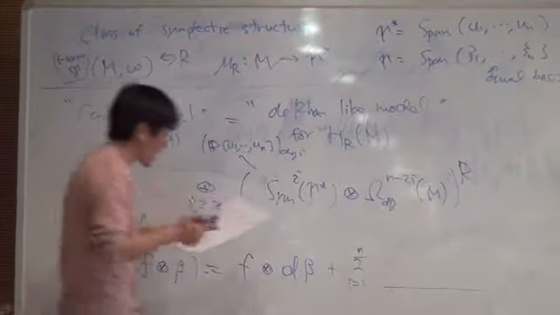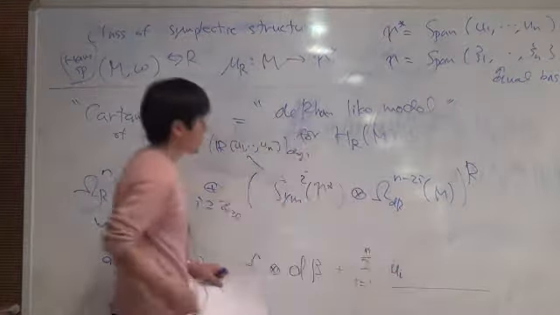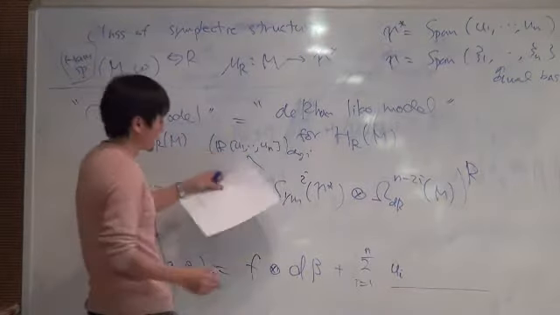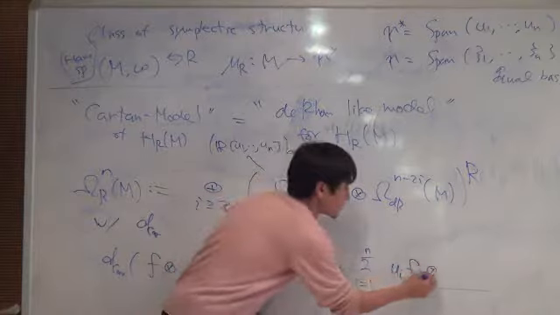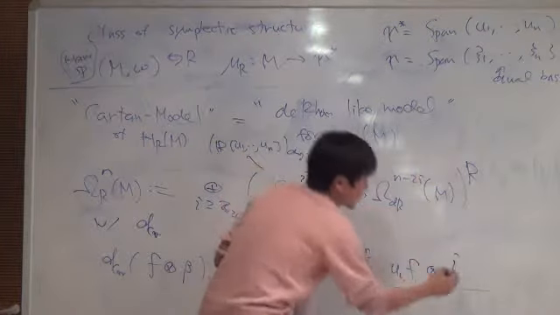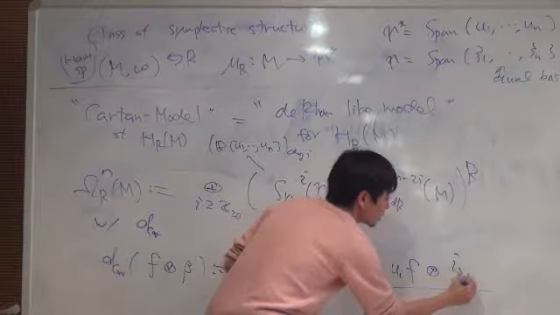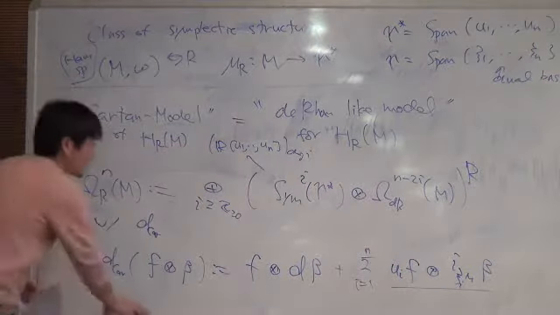Using that, u_i is the parameter of this polynomial ring. You multiply u_i to the function, and then you tensor with the contraction with the vector field given by the basis element.